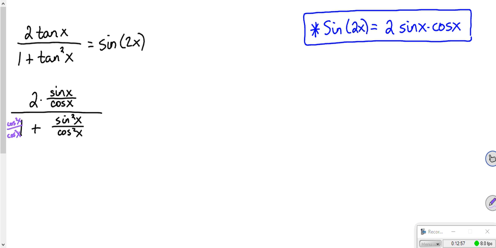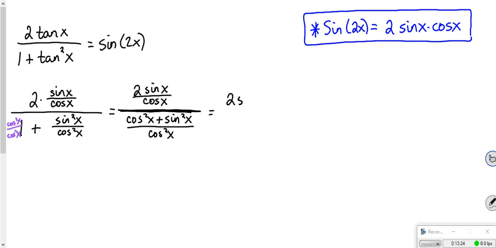So on top, I have 2 sine x over cosine x, all over cosine squared x plus sine squared x, over cosine squared x. Now remember, big fat fraction bar means you're dividing. So this is 2 times sine x over cosine x times cosine squared x over cosine squared x plus sine squared x.